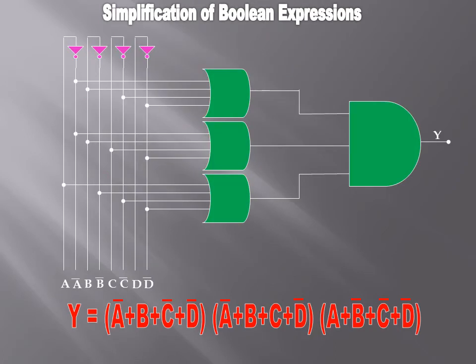Now let's take the second Boolean expression, product of sums. The expression at the bottom requires one 3-input AND gate and 3 four-input OR gates along with 4 NOT gates. So again, this hardware can be reduced.